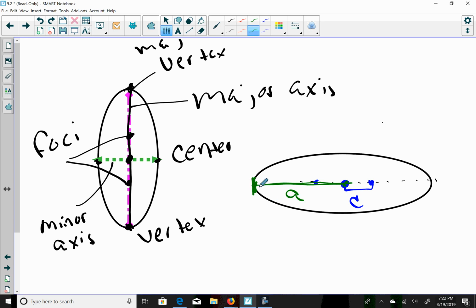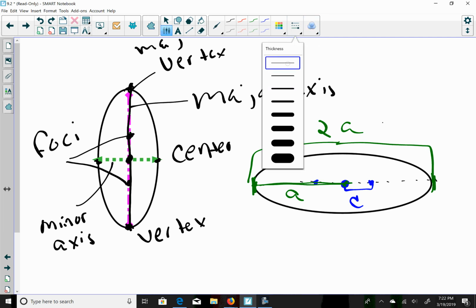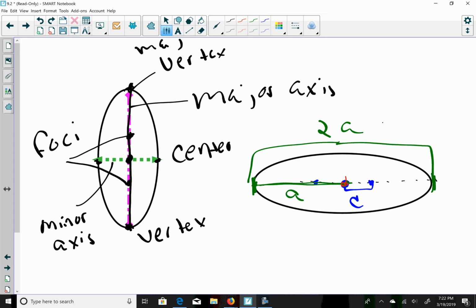The distance from vertex to vertex is this is a, and then from here to here is another a, so the total distance will be 2a. And finally, the distance from my center to my minor vertex is going to be the letter b. So that's how I get the a, the b, and the c. Notice that a has to be the largest number.